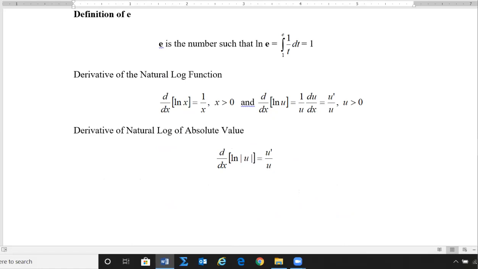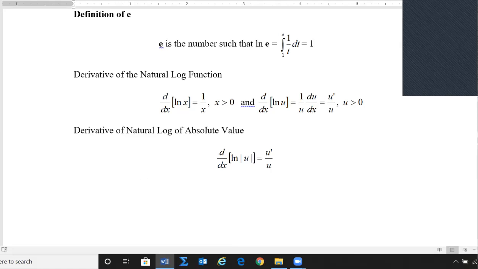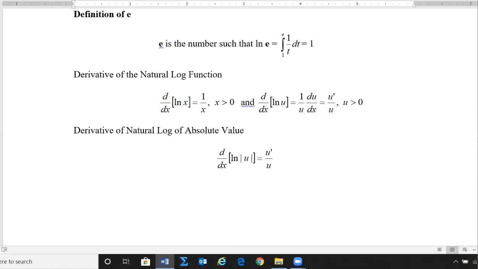Now the derivative of the function is 1 over x, but if it's the natural log of a function of x, we need a chain rule. So you end up with this form, u prime over u. And if you have absolute values, it turns out it's the same.